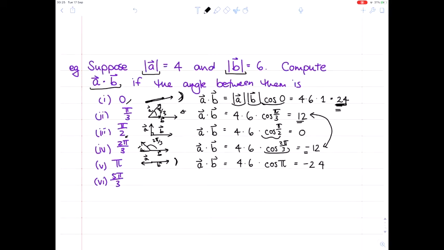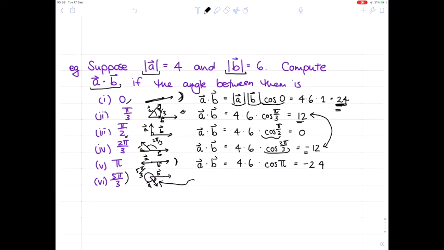And if you want to check our final case, where our angle between them is 5 pi over 3, then we've got say B pointing in this direction and A maybe pointing down like this. Well, if this is 5 pi over 3, then we actually use the smaller angle, remember from our definition.